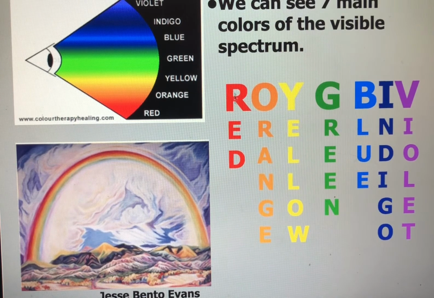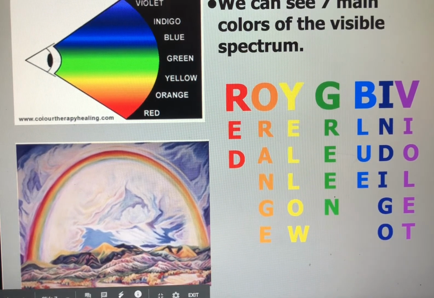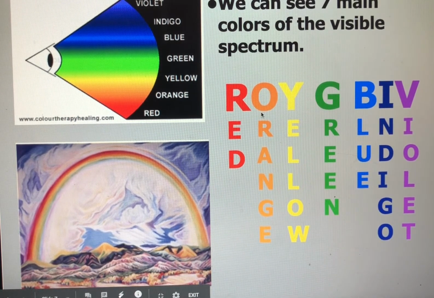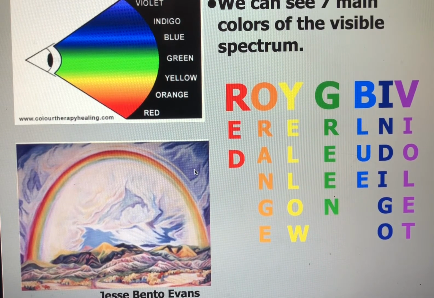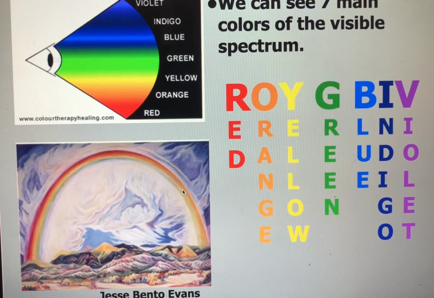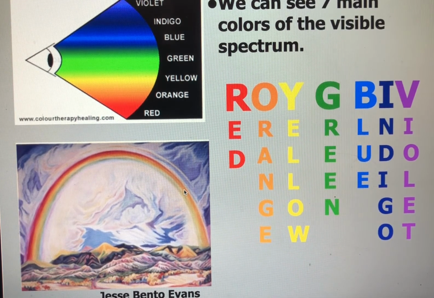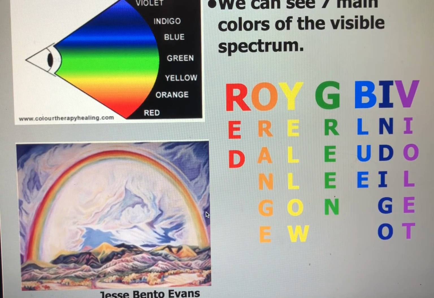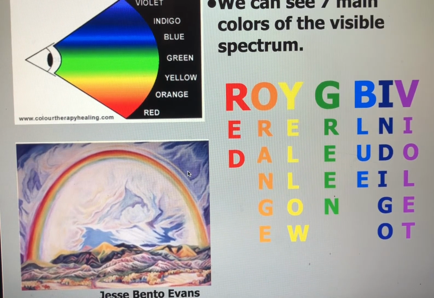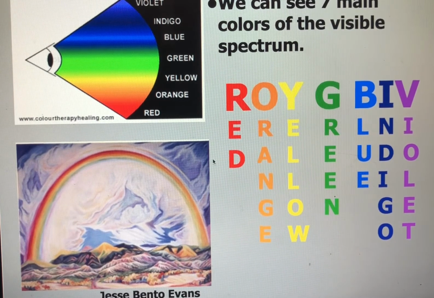It just stands for the order of the colors that happen in the spectrum. And if you've ever been outside after the rain and then the sun comes out, you might notice the phenomenon we know of called a rainbow. The rainbow is a spectrum, and what's acting as that prism is the water droplets in the air.